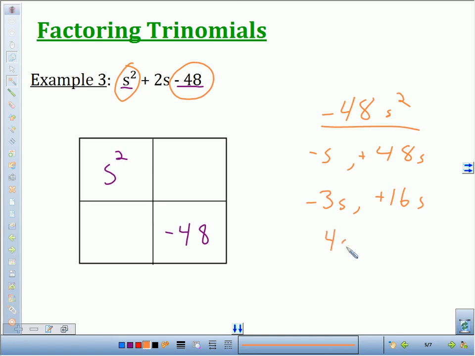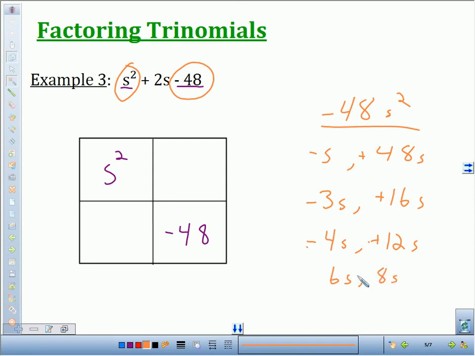We could have 4s and 12s. If 12 was negative and 4 was positive, then negative 12 plus 4 is negative 8. If 4 was negative and 12 was positive, that would be positive 8. So again, that doesn't work. Finally, we could have 6s and 8s.